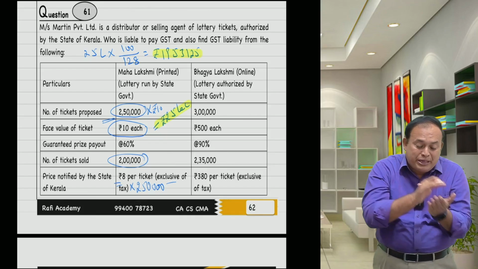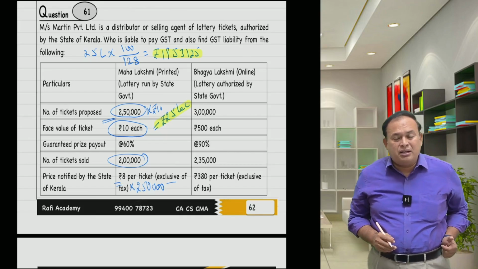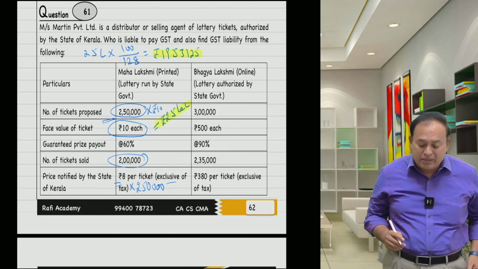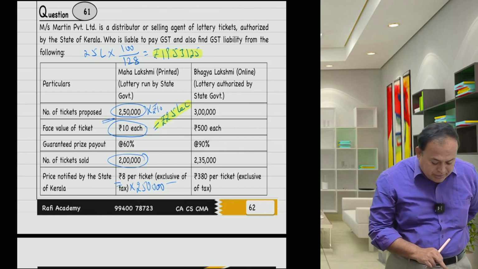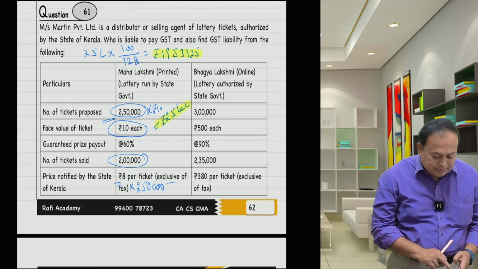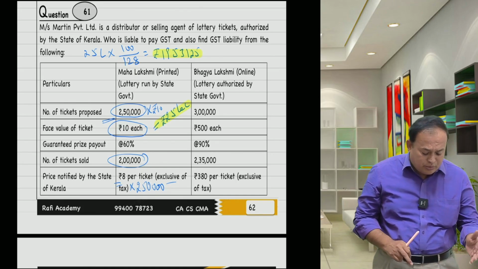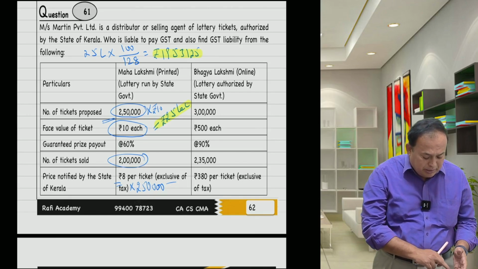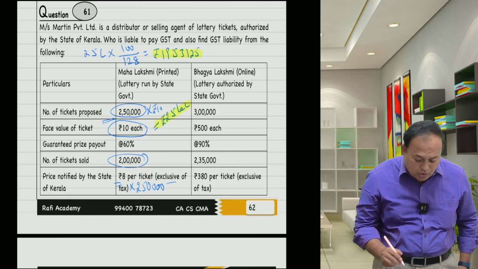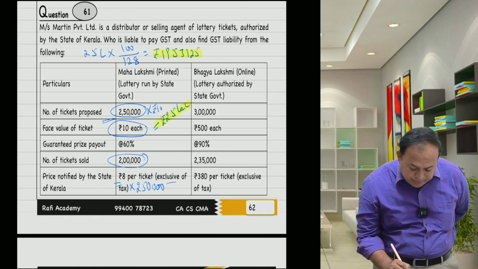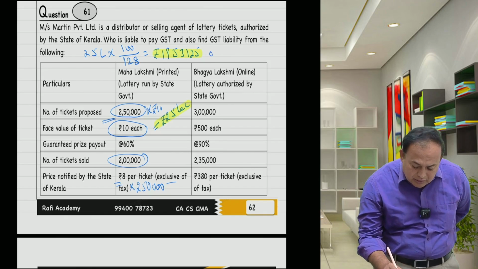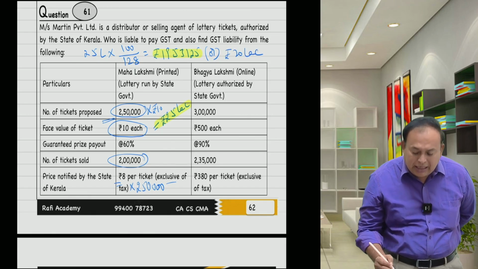Ticket printed and handed over to the commission agent by the state of Kerala. Now 8 rupees multiplied by 2,50,000 is equal to how much? 20 lakhs. So, rupees 20 lakh.